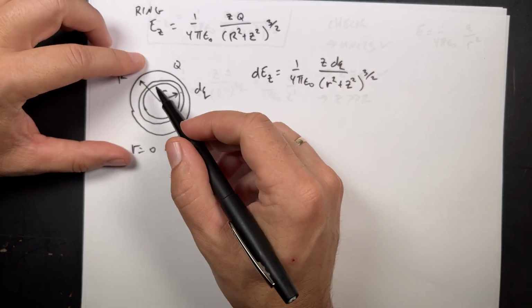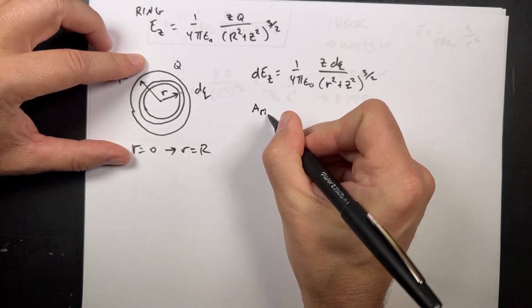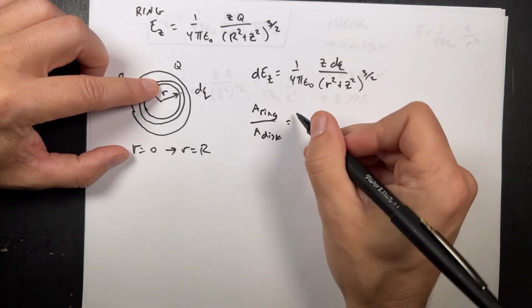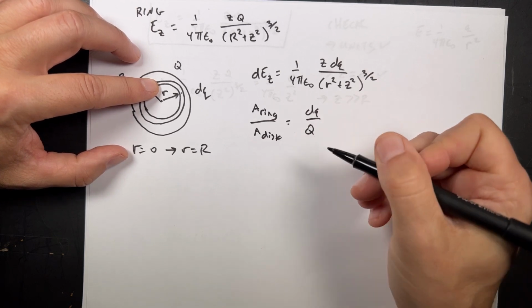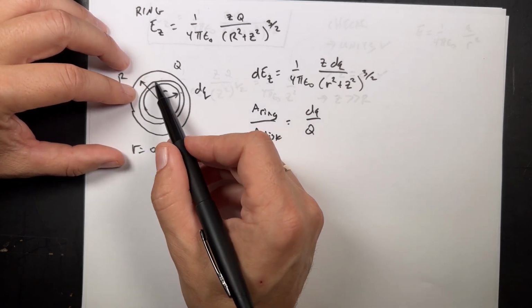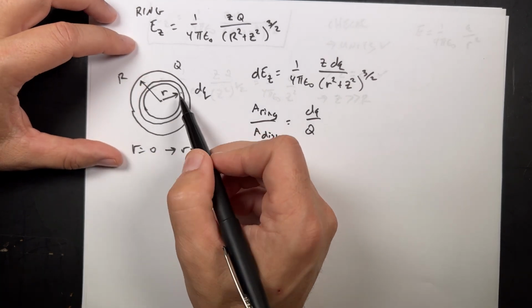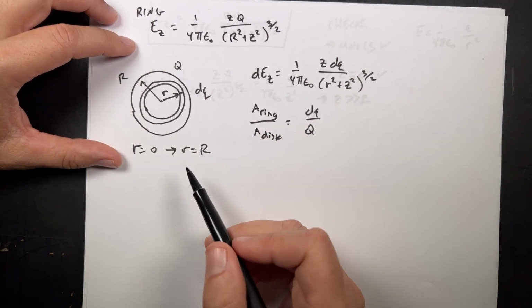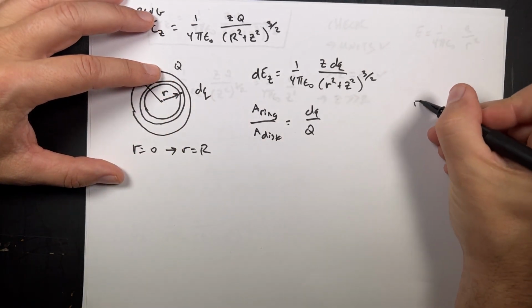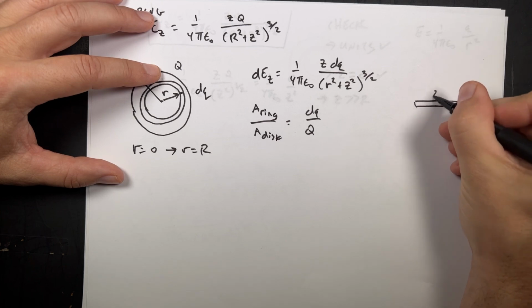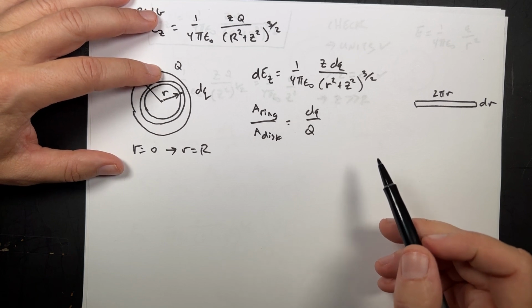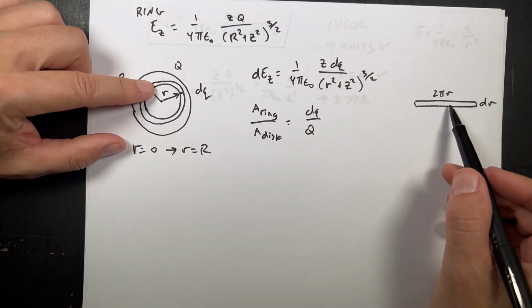If that's the case, the area of a ring divided by the area of the disk is going to be equal to the charge on the ring, dq, divided by the total charge Q. The ring has a radius of r, so it has a circumference of 2 pi r and a thickness of dr. If you imagine you broke this out like a long rectangle, this would be 2 pi r, and that's dr. That's not quite true because it's not actually a rectangle, but dr gets really small, so this is okay.